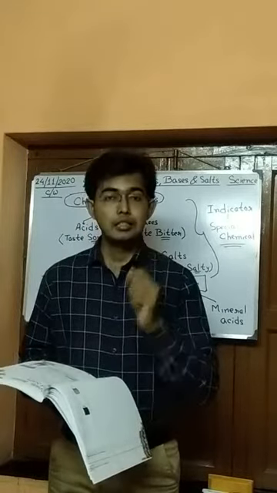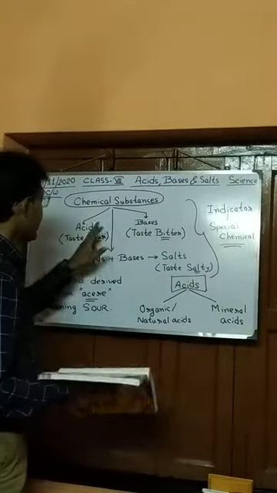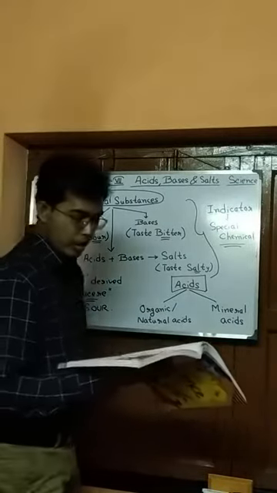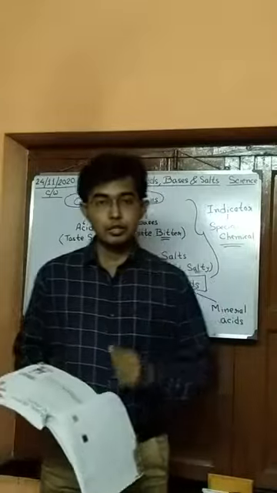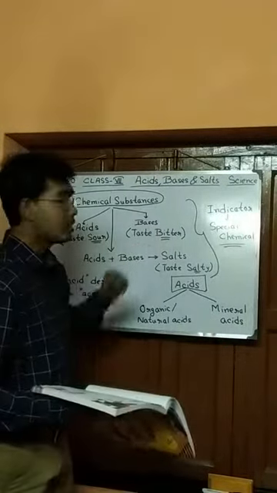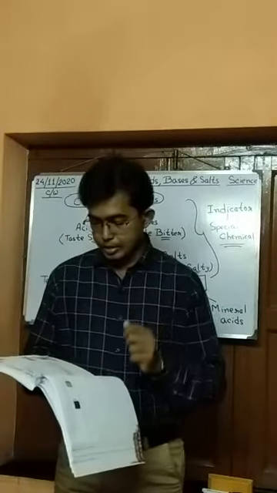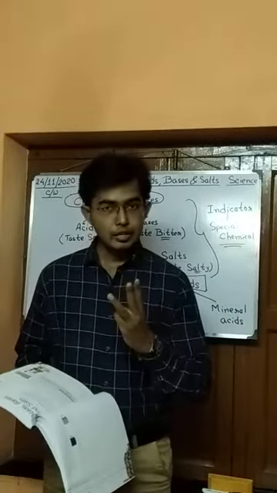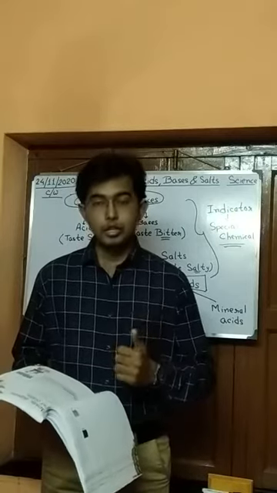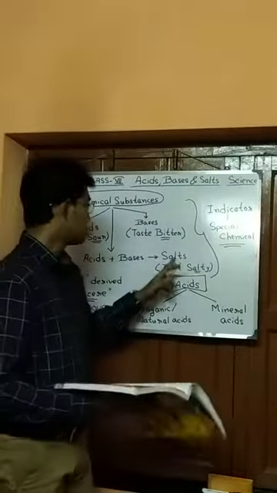They taste sour because all these substances contain acids. And there are some substances which are bases, that is, they taste bitter. From this we can conclude that substances are mainly classified into three classes: acidic in nature, basic in nature and neutral in nature, which is salts.